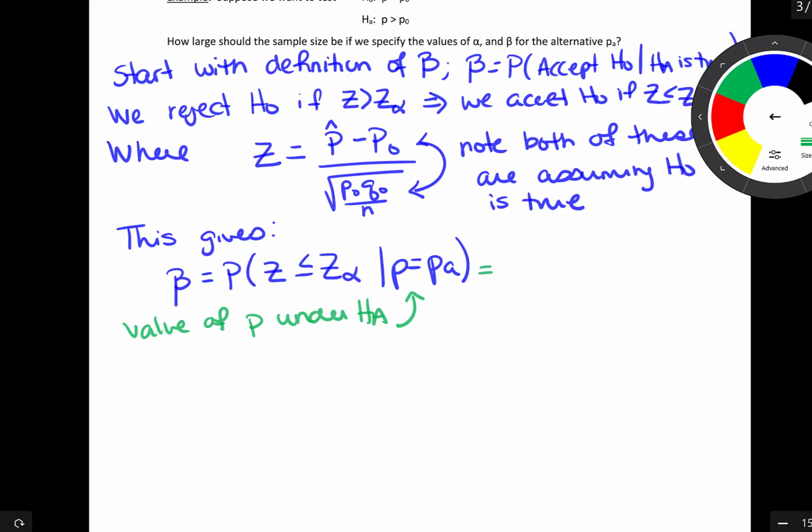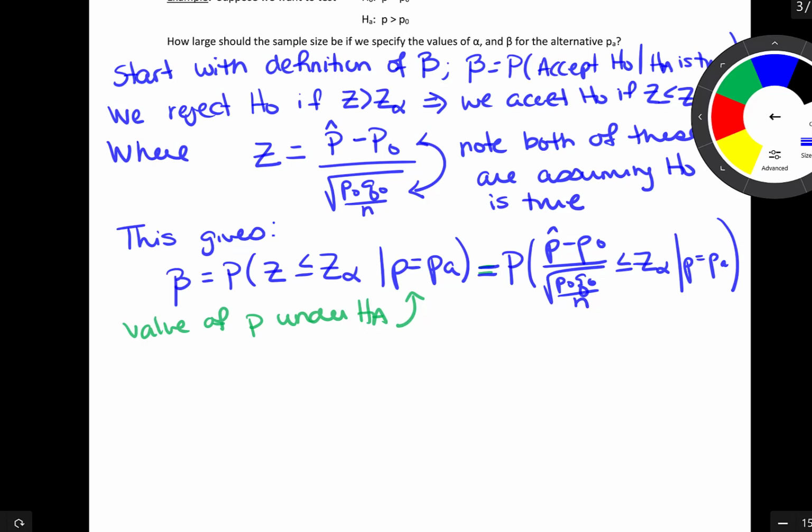So then we're going to plug in what Z is equal to. So again, we've got P hat minus P naught divided by the square root of P naught times Q naught divided by N less than or equal to Z alpha, given P is equal to PA.